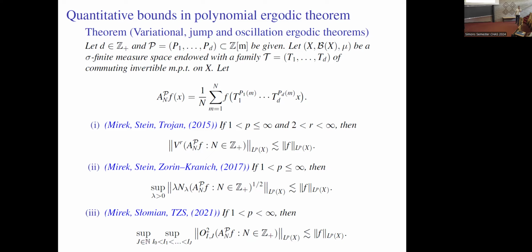One would expect something like that, because observe that once we know that R variations dominate R oscillations, then for R greater than 2, we have this uniform estimate from R variations. So probably it's quite natural to think that we'll have oscillations with uniform bounds.